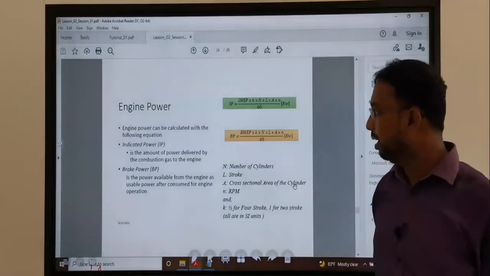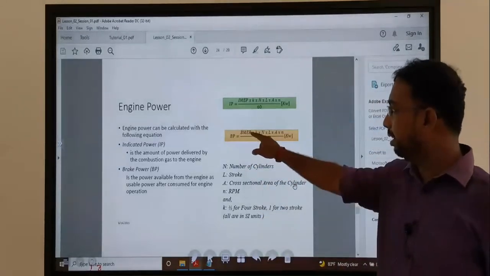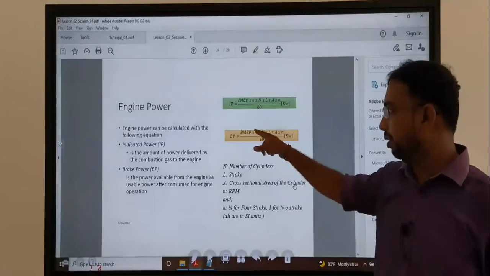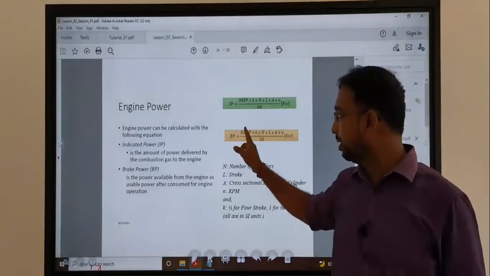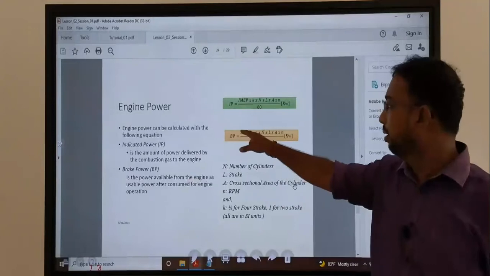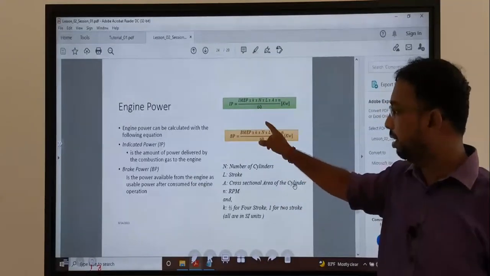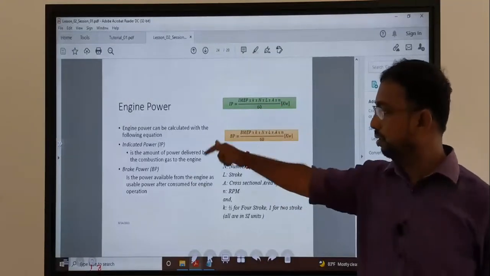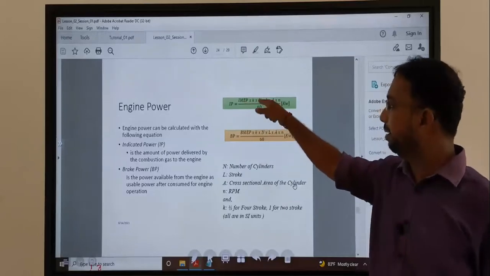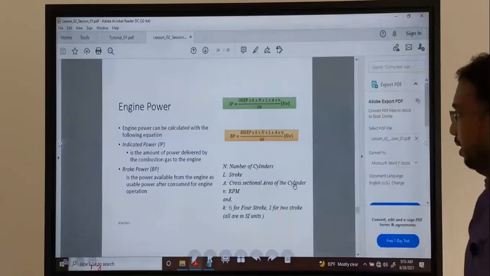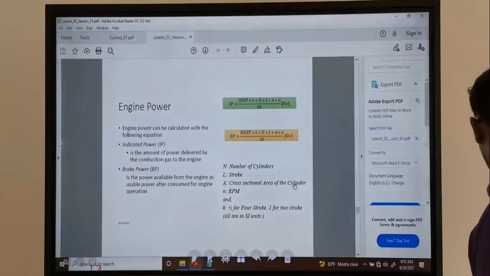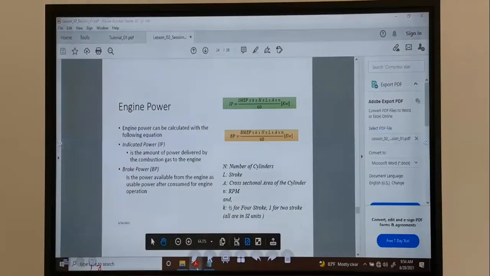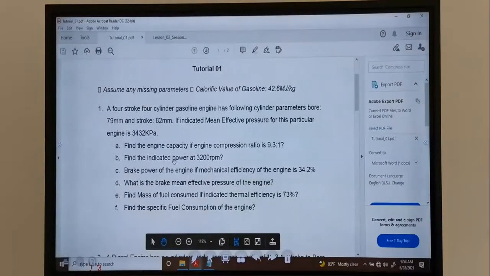BMEP means brake mean effective pressure, which is related to brake power. Indicated mean effective pressure is related to indicated power. So here we need to find the indicated power.